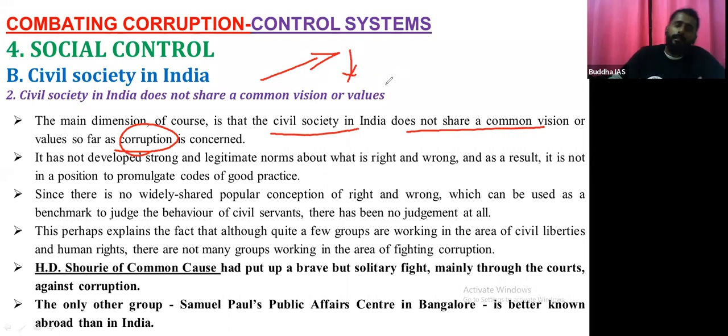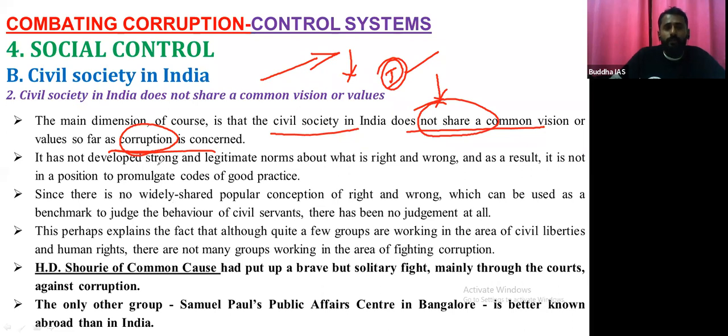Some feel that if an IAS officer takes money, it's okay. Some feel that it is not good, some feel that it's bad. So there is no commonly shared vision so far as corruption is concerned.